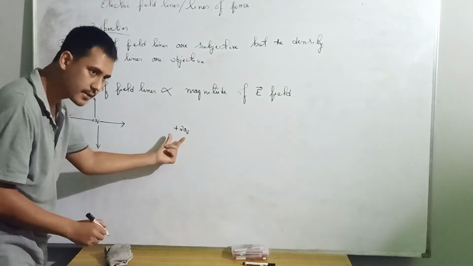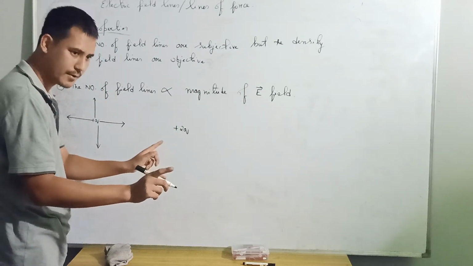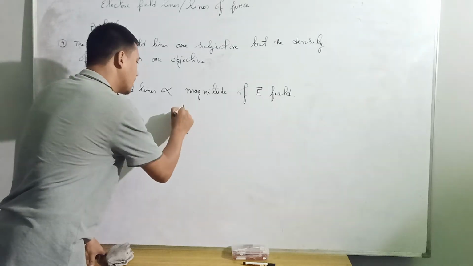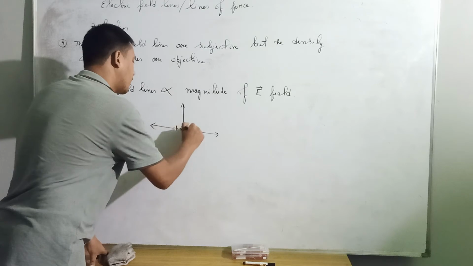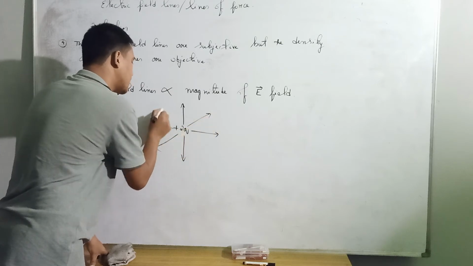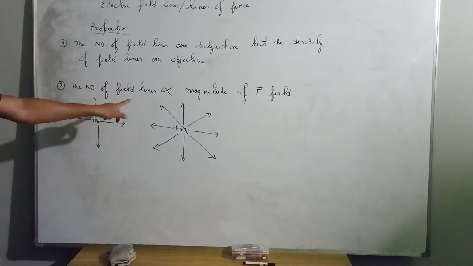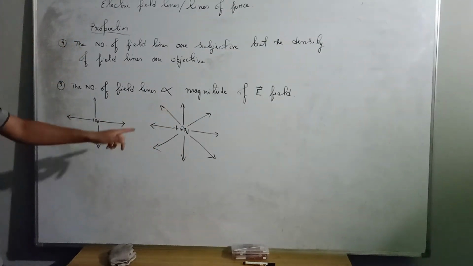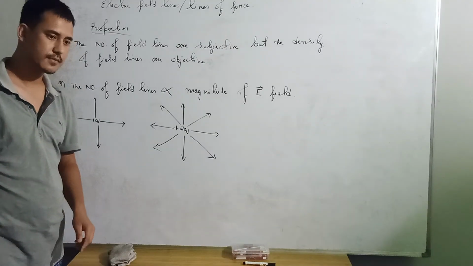Charge is doubled, so it will generate 8 field lines now. Are you getting me? So 1, 2, 3, 4, 5, 6, 7, and 8. So the number of field lines is directly proportional to the magnitude of electric field.